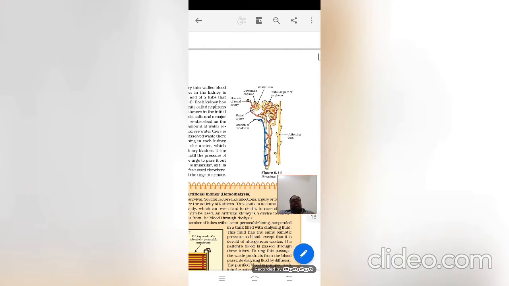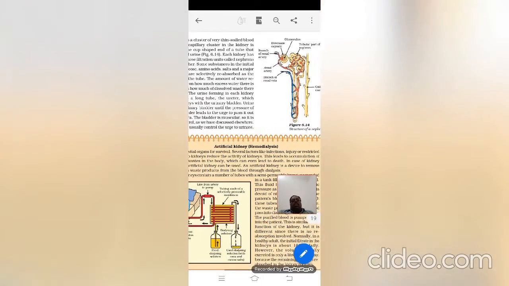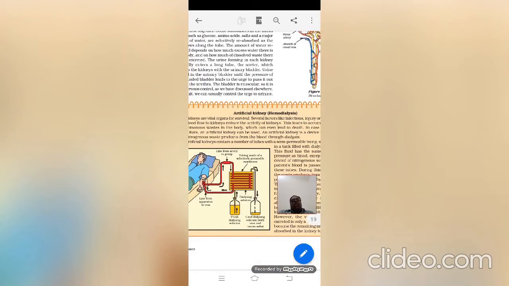Below that there is one column given which is known as hemodialysis. Hemo means blood, dialysis means filtering it out. Whatever the kidney has to do, that function we are doing with the help of a machine. Hemodialysis or artificial kidney is very important to a person with diabetes.